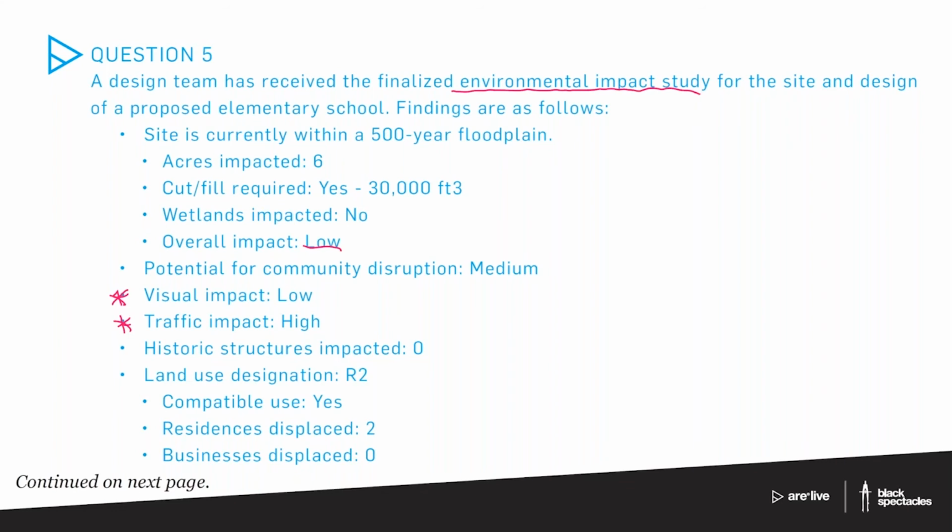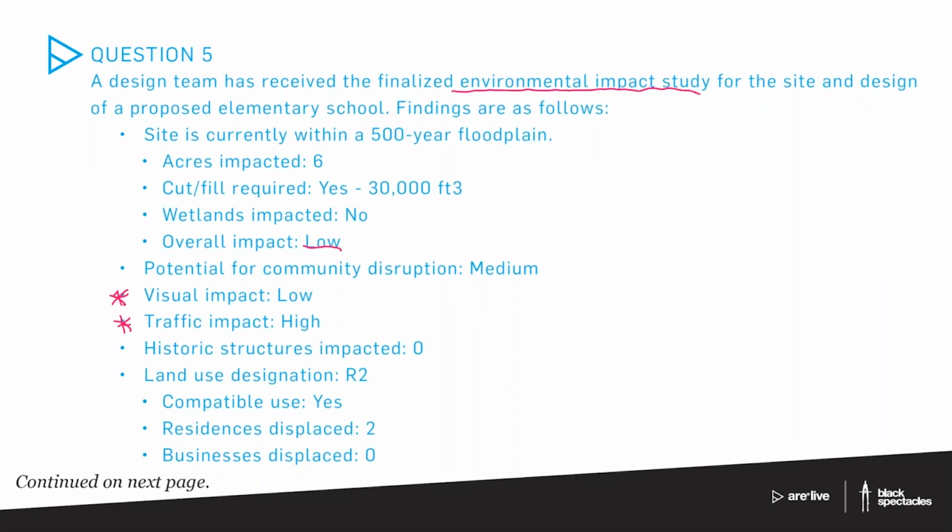You're being tested on if you can synthesize a whole bunch of information provided from an environmental impact study, or EIS, and make a qualitative decision about the best path forward. So you're obviously going to need to know what the terms mean in this EIS: variance, floodplain. You need to have an understanding of those concepts. But then you're going to need to think about what makes sense to move the project forward.